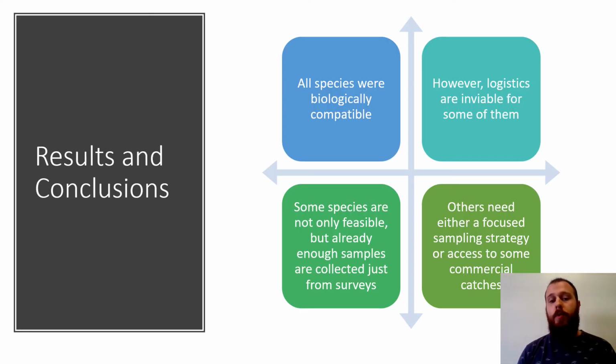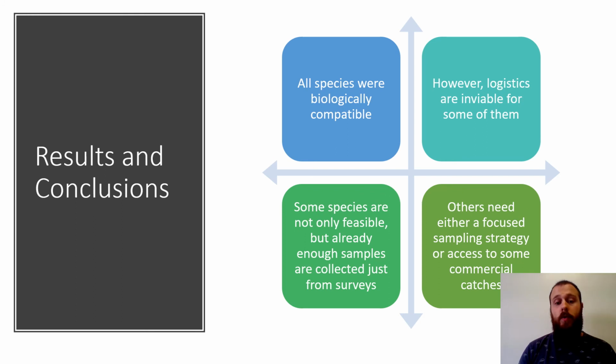So as a conclusion, we would like to remark that all species were biologically compatible. None of them seem to be impossible, only biologically. However, logistics were unviable for some of them, as we saw with the case of the anchovy or the mackerel.